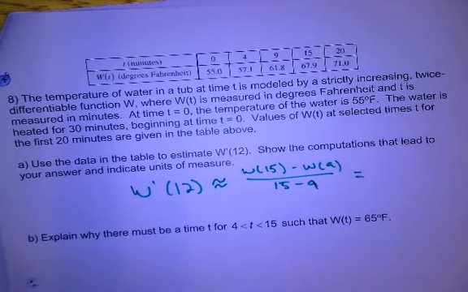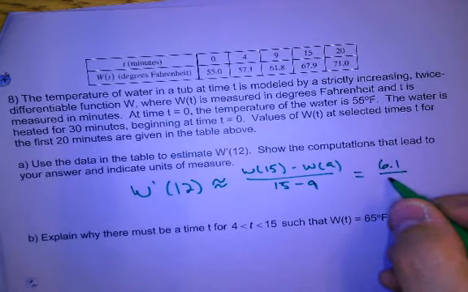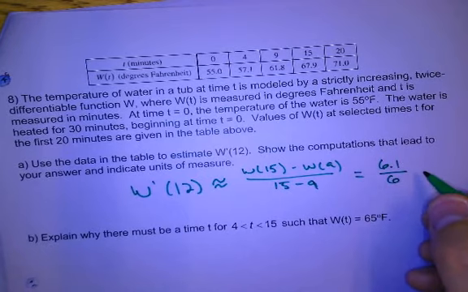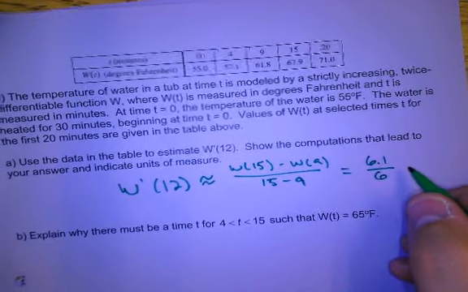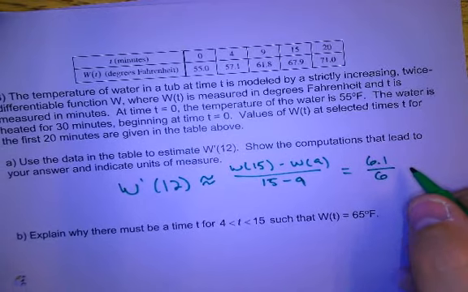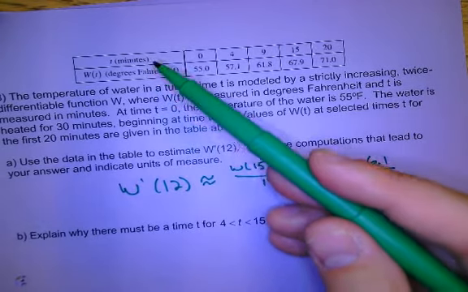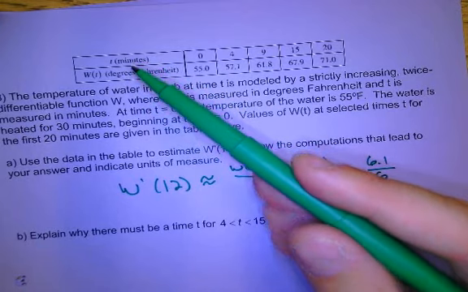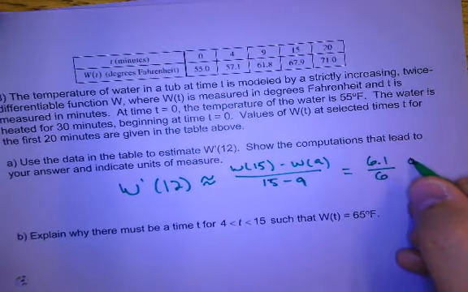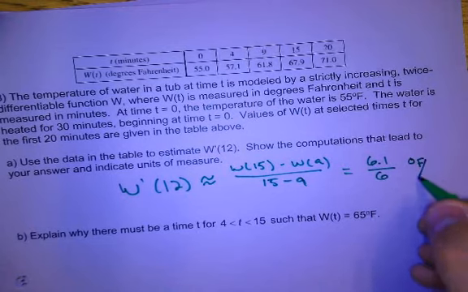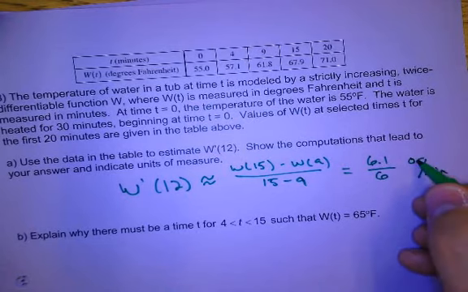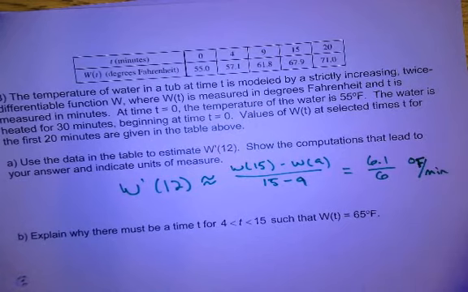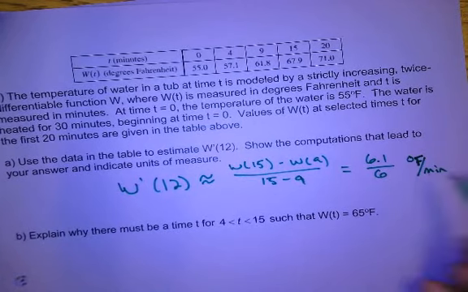If we had a calculator, it would be 6.1 over 6. And then what would the units be? Degrees Fahrenheit per minute. Isn't the top degrees Fahrenheit? Isn't the bottom per minute? So that's degrees Fahrenheit per minute.